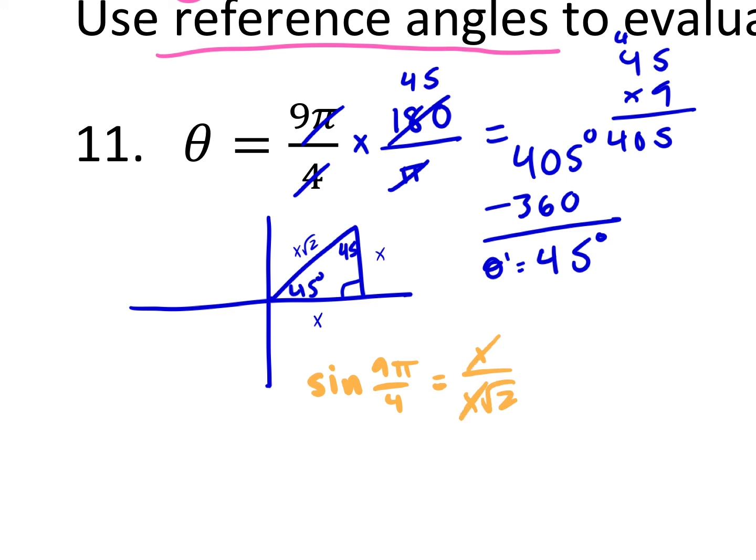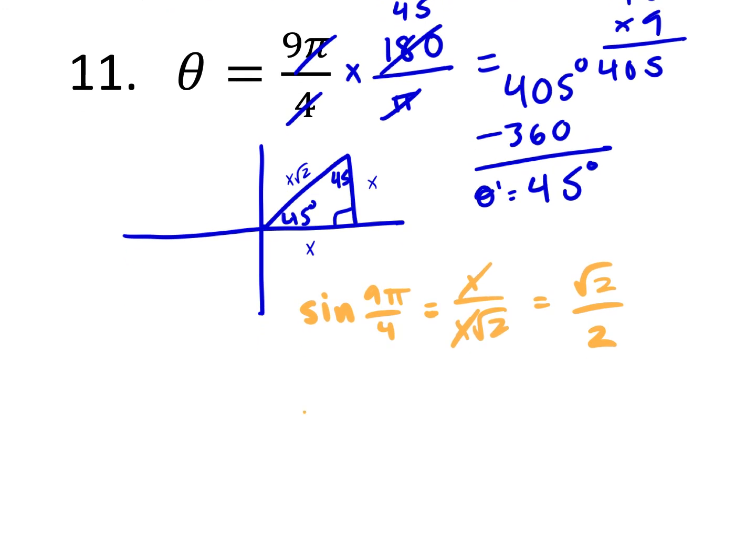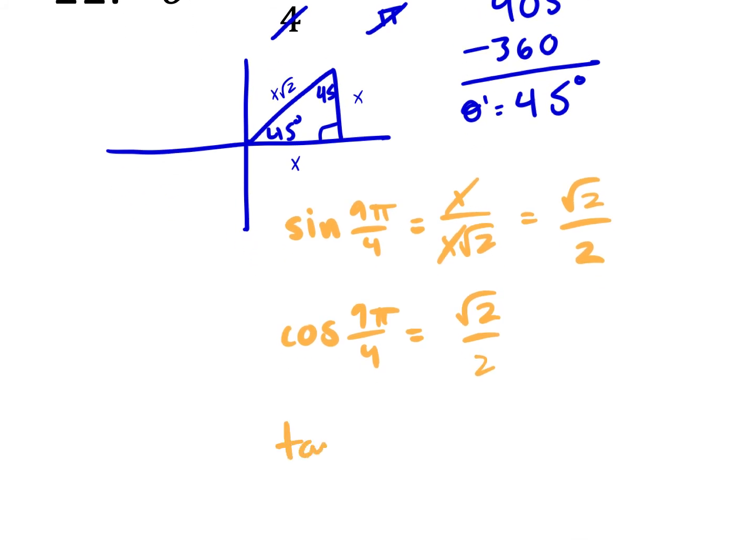The x's cancel, and then I have to rationalize, so it ends up being square root 2 over 2. Cosine of 9 pi over 4 is what? Same thing, square root 2 over 2. Tangent of 9 pi over 4, it would be x over x, which is just 1.